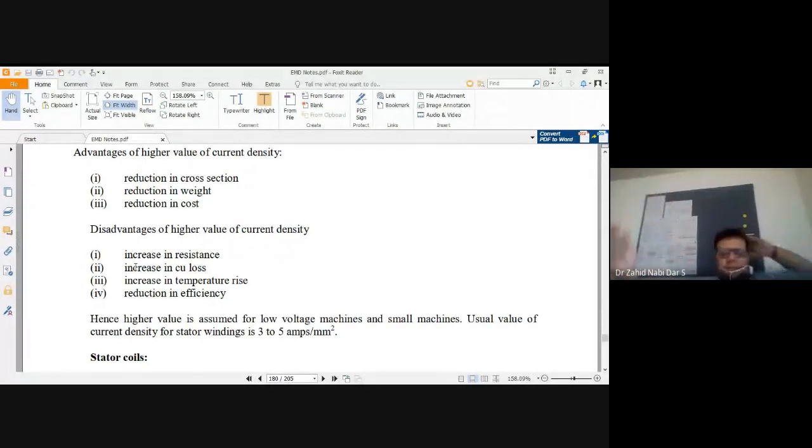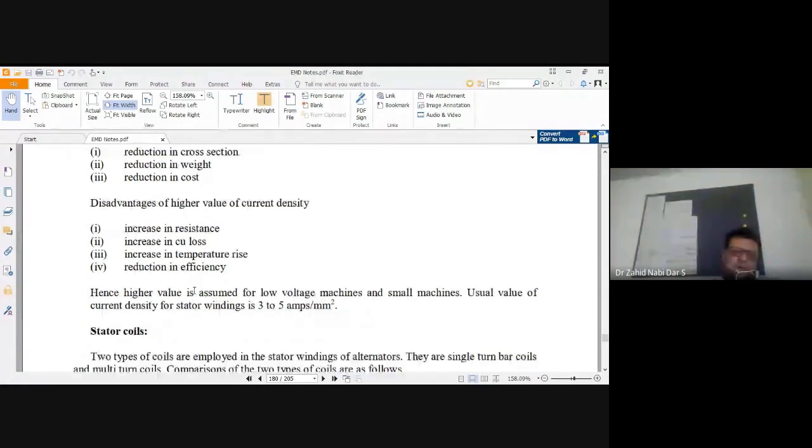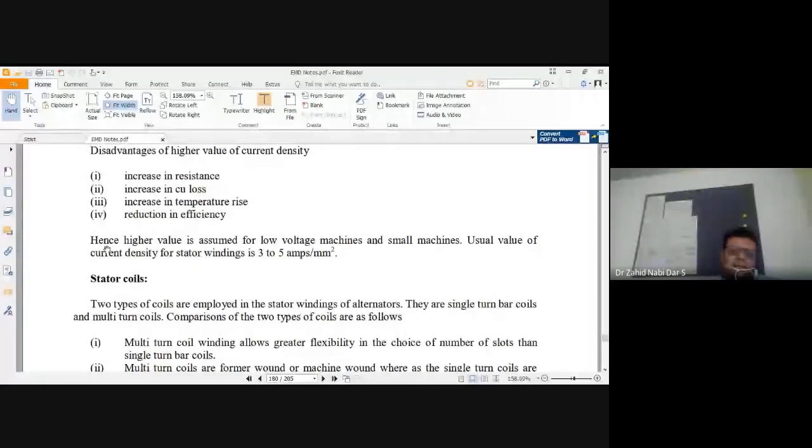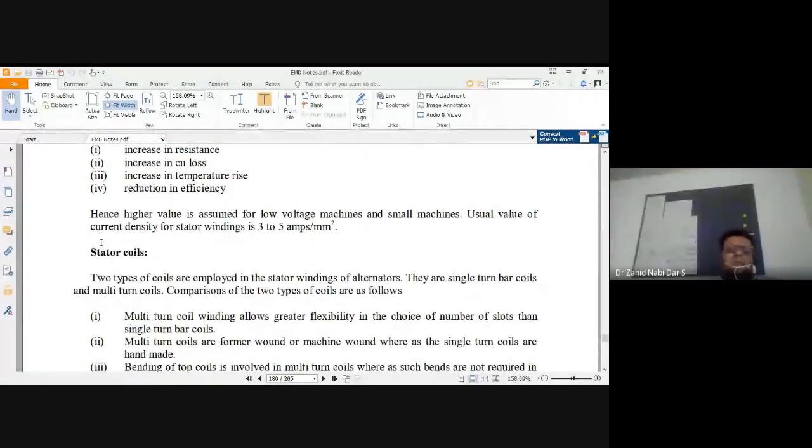It will reduce automatically, because it is inversely proportional to the input, and your input is output plus losses. So hence a higher value is assumed for low voltage machines. Current density is assumed to be high in the case of low voltage and small machines, and it is usually approximated around 3 to 5 amperes per millimeter square.